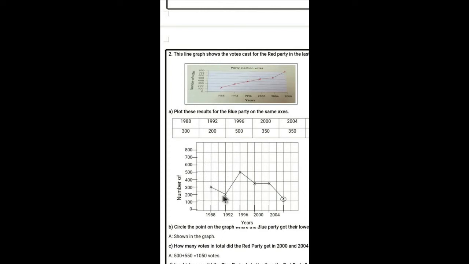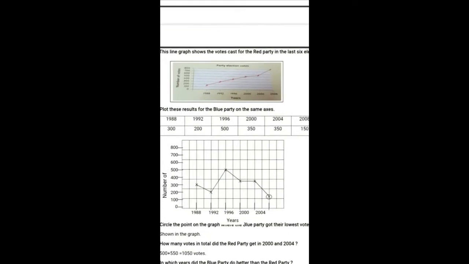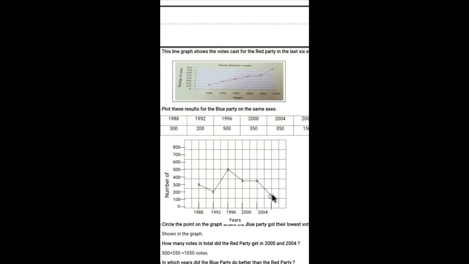Then 200, then 500, it's 596, then 350, between 300 and 400, then 350 again, and the last one was 150, between 100 and 200, the middle one is 150.